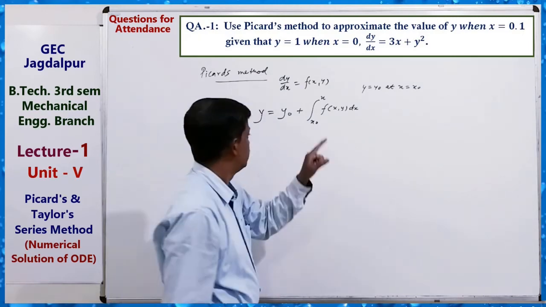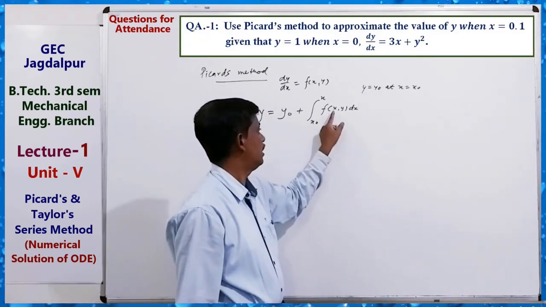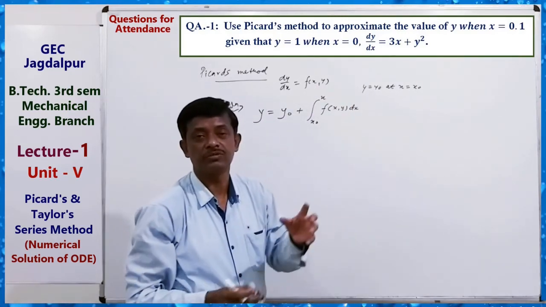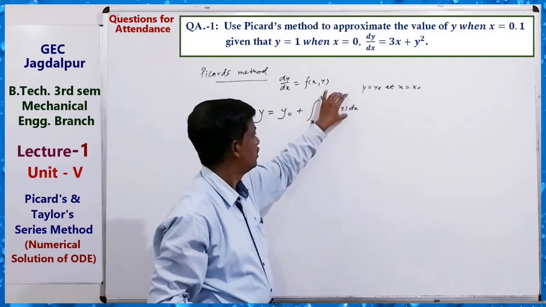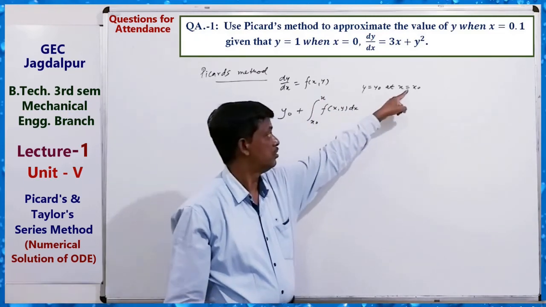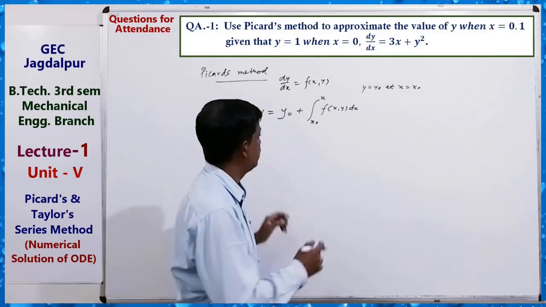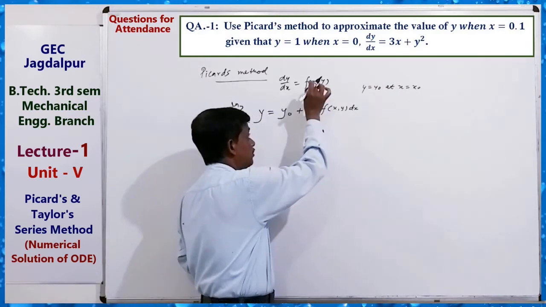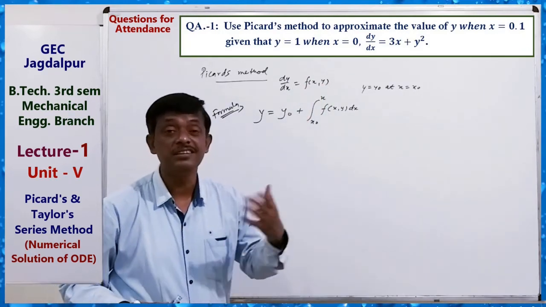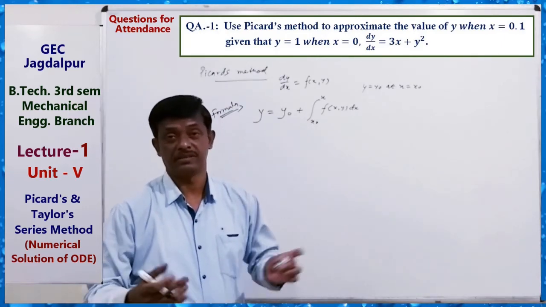Here y0 is the given value, x0 is here, and f(x, y) is this. If f(x, y) is a function of x and y, just put it here, but in place of y you have to put y0 first and then integrate it. The format of this function should be such that we can integrate easily, then we can do it very fast.